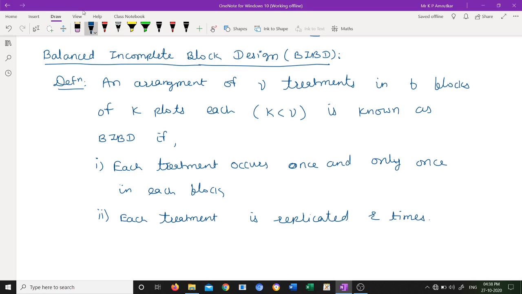So each treatment must be replicated R times, and the third condition is each pair of treatments occurs together in lambda blocks.